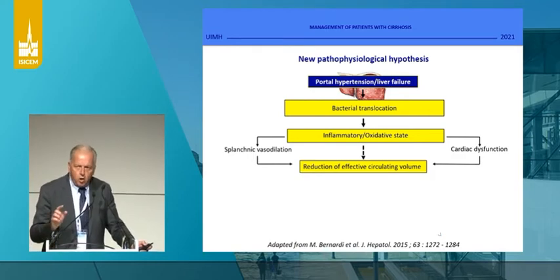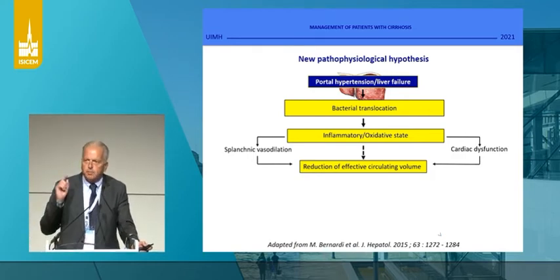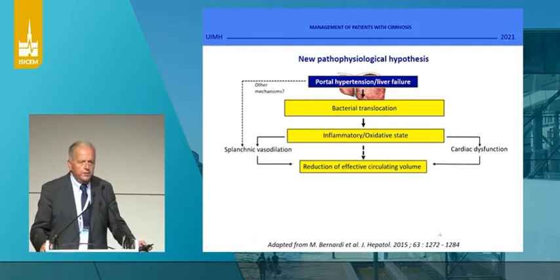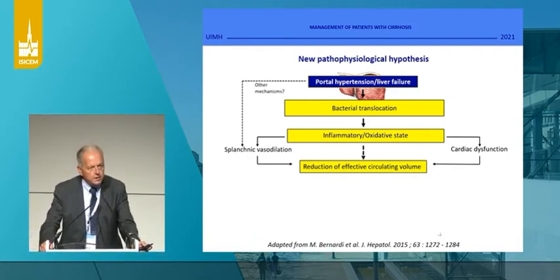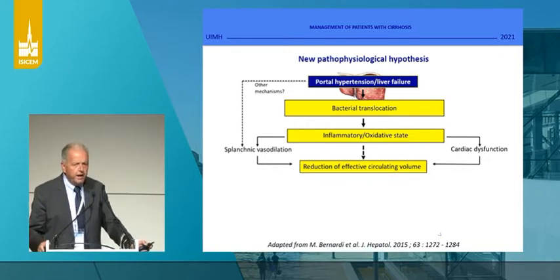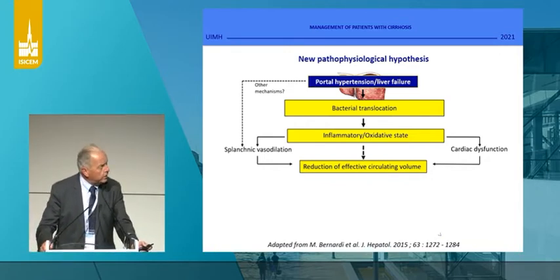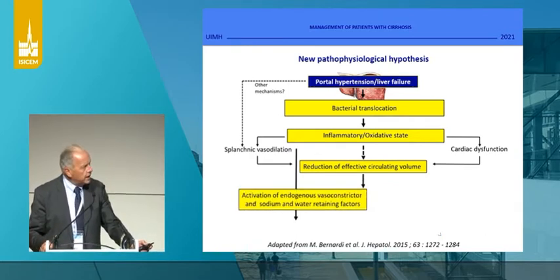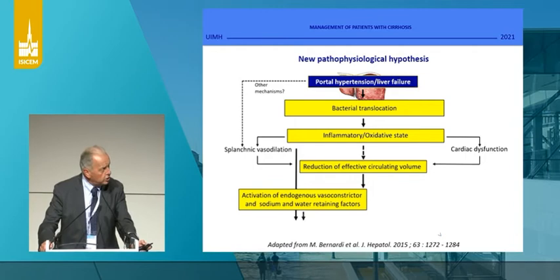There are no other mechanisms by which portal hypertension and liver failure can induce this cardiovascular dysfunction. And then the effective hypovolemia, together with oxidative stress and the systemic inflammation, can cause the onset of ascites.